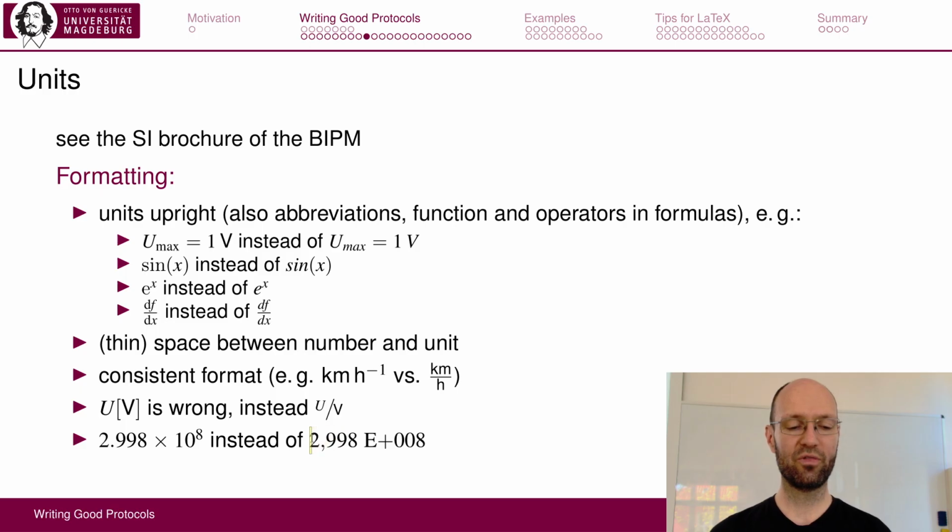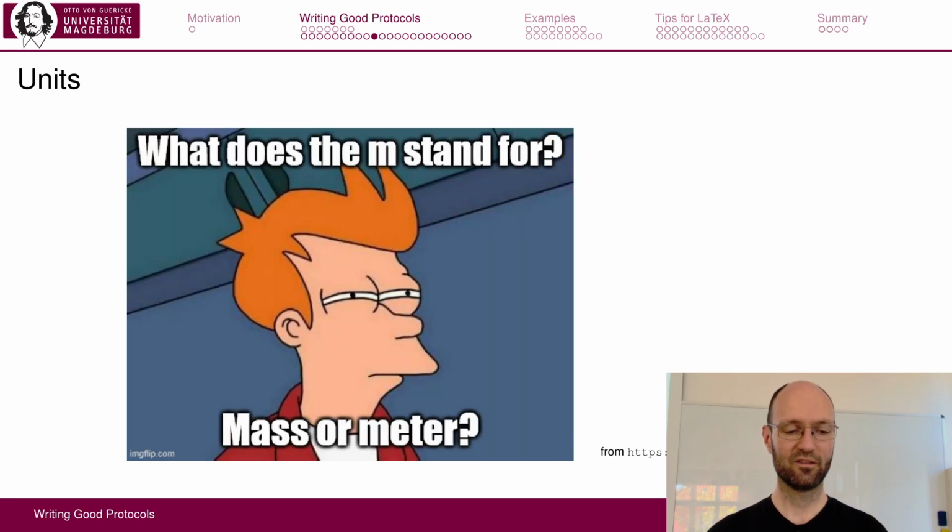And the good thing is, as for everything in LaTeX, there's a package. It's called the siunitx package. You give this input to the package, and then it will typeset it like this. And so usually you don't need to care about this if you use the proper LaTeX template and the proper LaTeX packages.